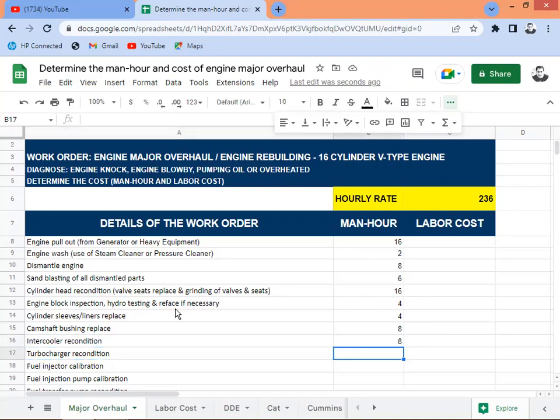And then for the turbocharger reconditioning, there are two turbochargers, one on the left side and one on the right side. Sometimes there are four turbochargers, but usually two.